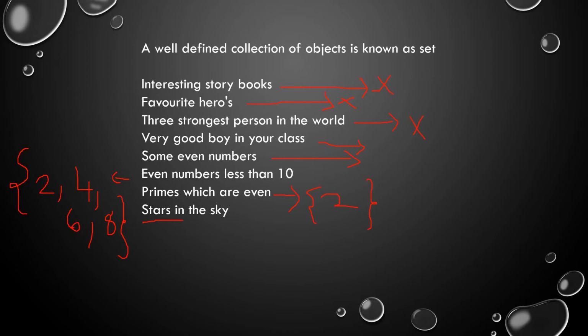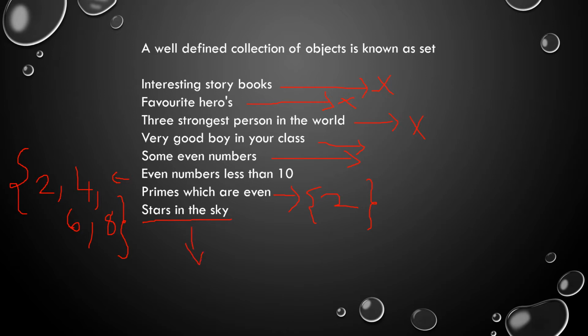About the stars in the sky, why I have given this example is that many students will feel that if there are more objects, this may not be a set. No, even if there are many objects, it may be a set, but a set should be a well-defined collection. That means, what is in your collection?